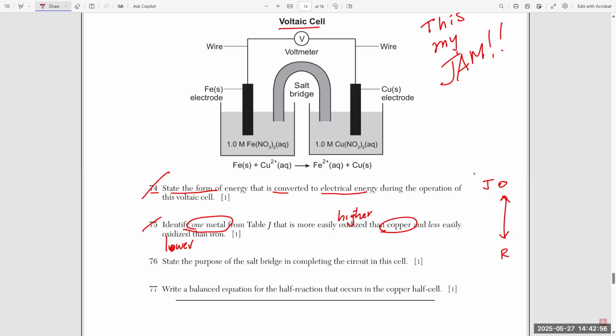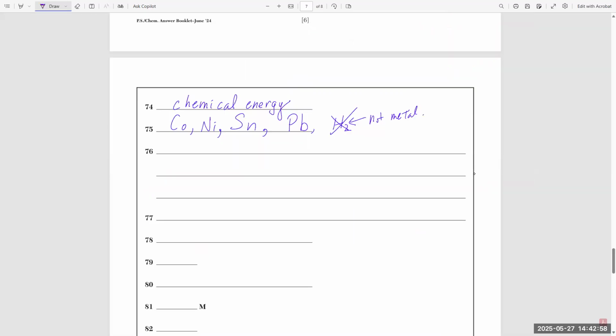76, state the purpose of salt bridge. Well, what does salt bridge do? It's a definition. If you remember the definition of salt bridge, right?